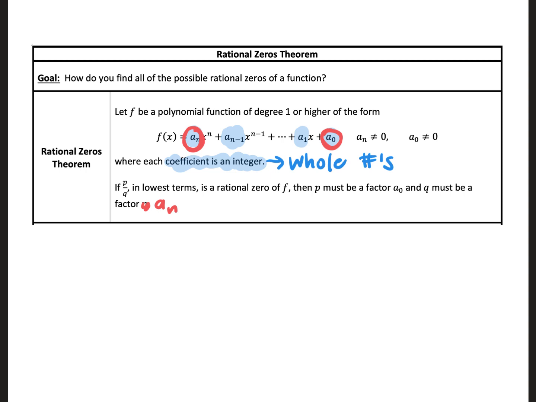Again, for something to be rational, it has to be a whole number divided by another whole number. So we're going to be looking at some fractions or some things that work out to be nice whole numbers after we divide them. We're going to look at some steps to solve this problem and then do a couple of examples on the next few slides.